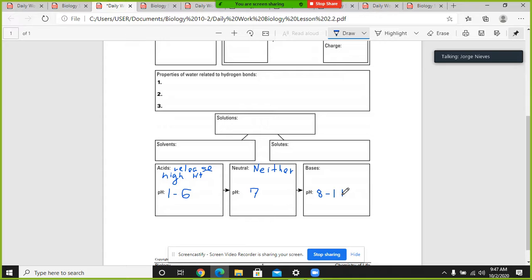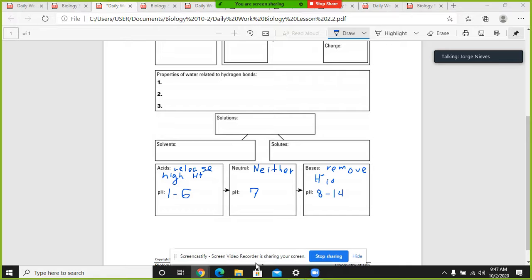Exacto. In this case, we remove hydrogen ions. In acids, we release a high concentration. So here we remove hydrogen ions from solution.